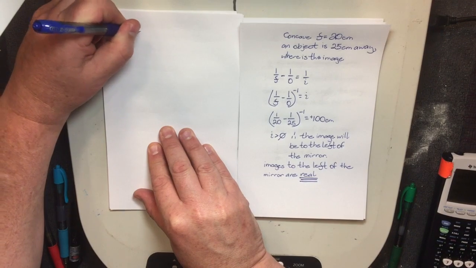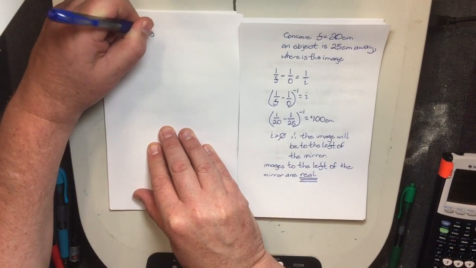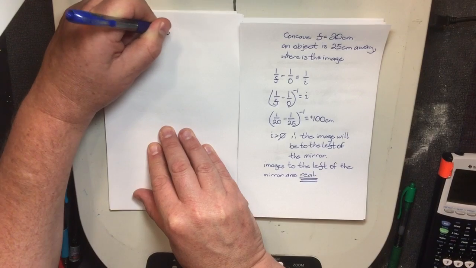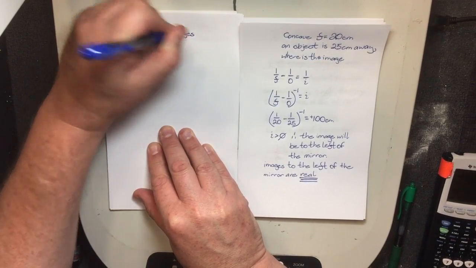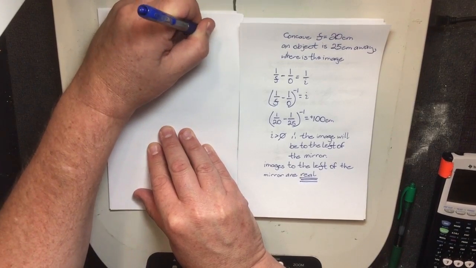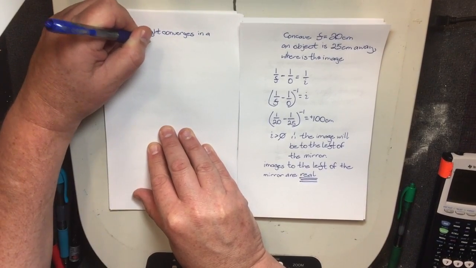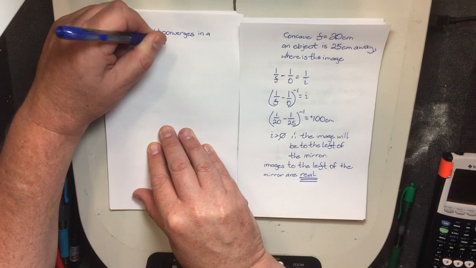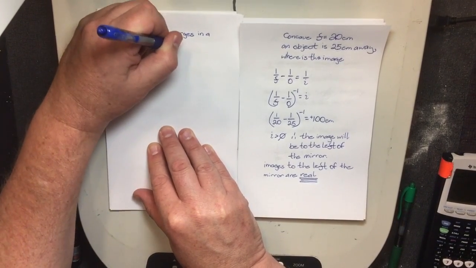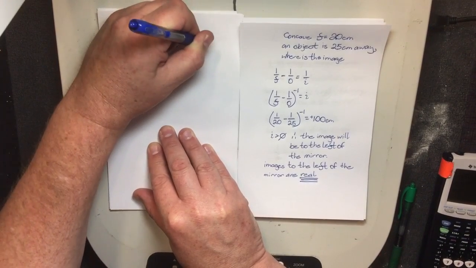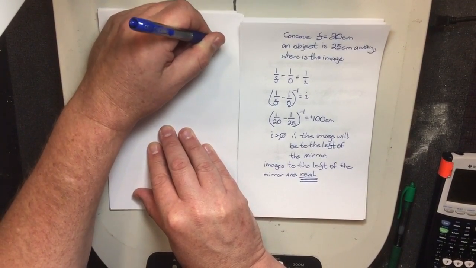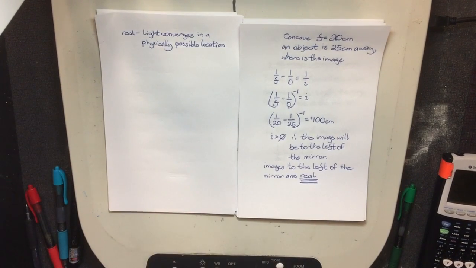For a real image, the light converges in a physically possible location. The light physically comes back together at a specific point.